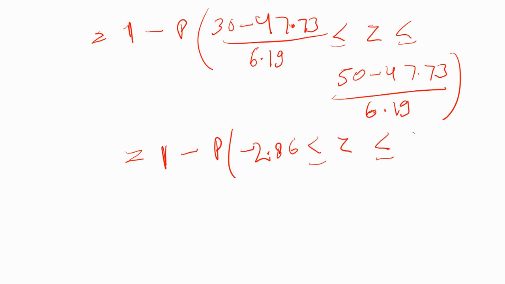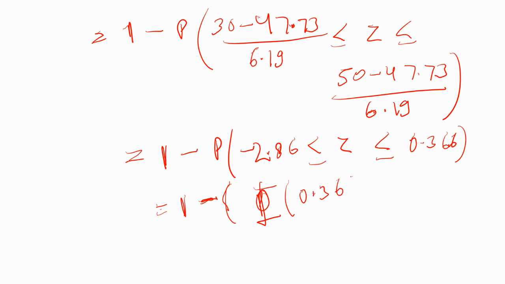So this one will be 1 minus phi of 0.366 minus 1 plus phi of 2.86.